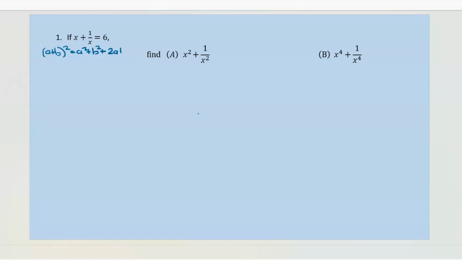Now let's substitute x plus 1 over x into that formula. So x is going to be a, 1 over x is going to be b. Let's just write the question down. x plus 1 over x equals 6.